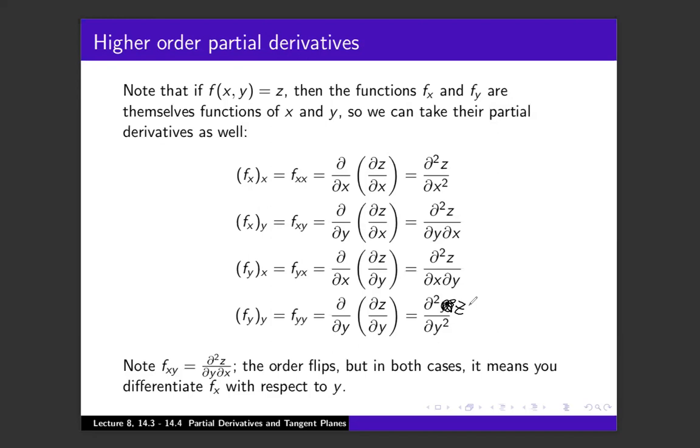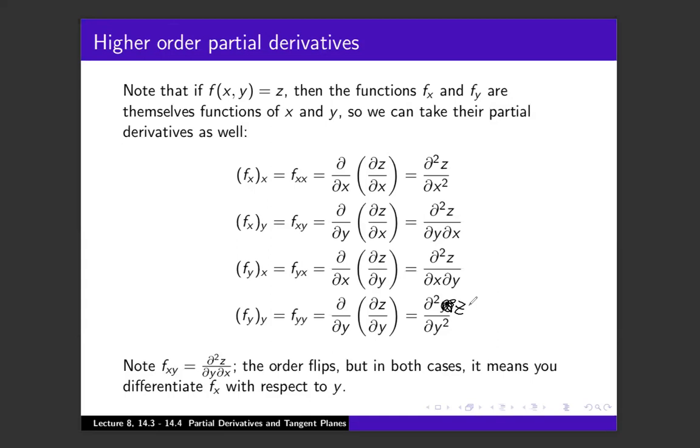But the thing is, what if you wanted to differentiate fx with respect to y? You can do that too. There's nothing to say you can't. That becomes fxy. And fxy, you can write in Leibniz notation, in this del notation, as del squared z over del y del x.